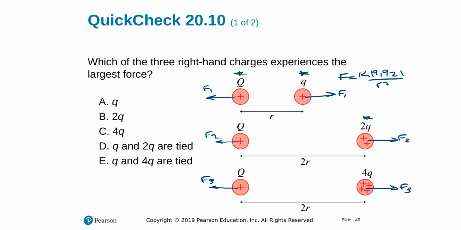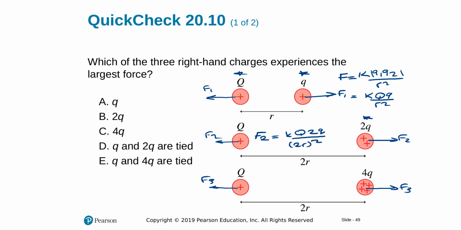Once we write down the values of forces, for the first one we will have K, capital Q, small q over r squared. For the second option, F2 will be K, capital Q, 2Q, divided by 2r squared.